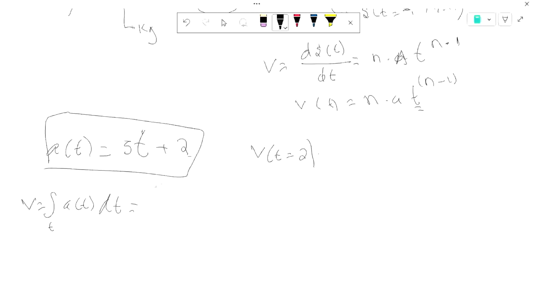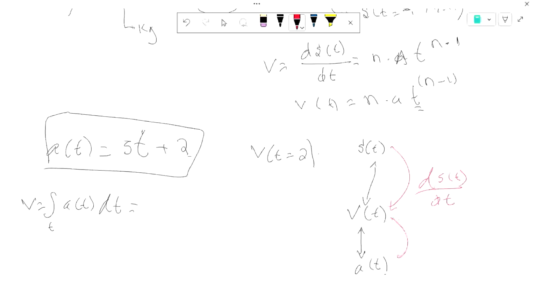Okay, very simple. So that's the first type of problem. If they give you the function and they ask you to evaluate displacement, velocity, acceleration, very simple. Just integrate or differentiate. From displacement, if you want to go to velocity, you have to differentiate.